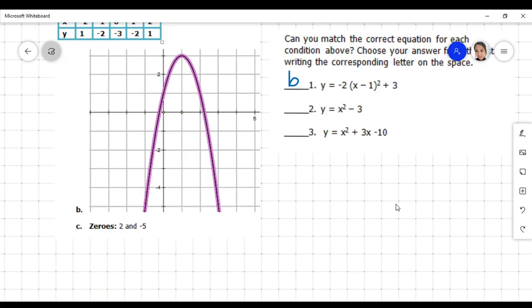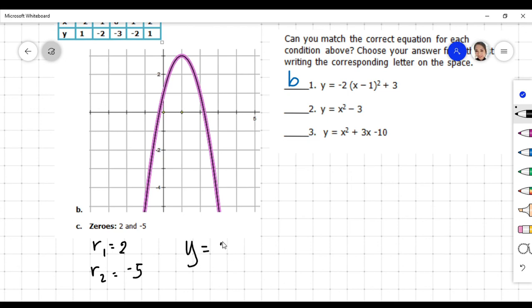Going back to the drill letter C, let's find the equation for the zeros 2 and negative 5. So let's say our r1 is 2 and our r2 is negative 5. We will substitute this to our general rule if we have zeros, which is y is equal to a.